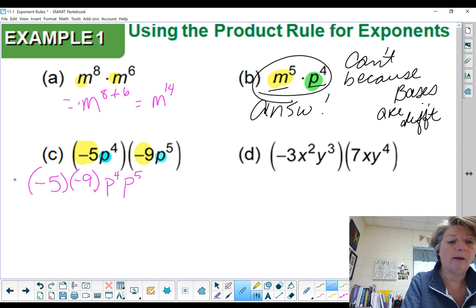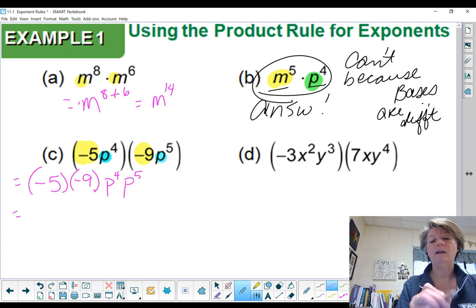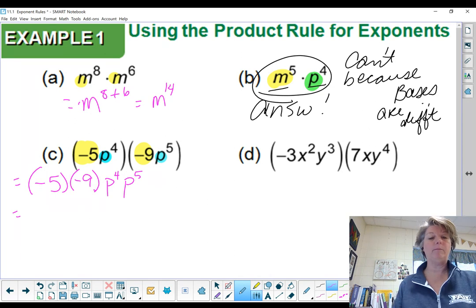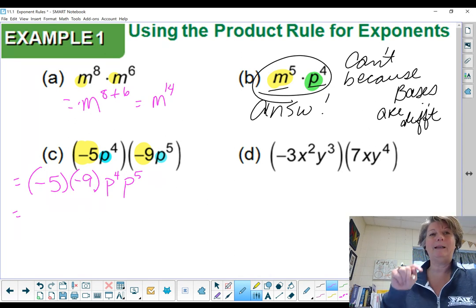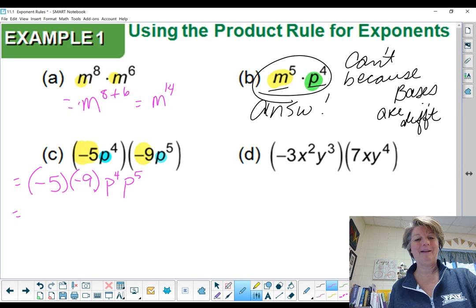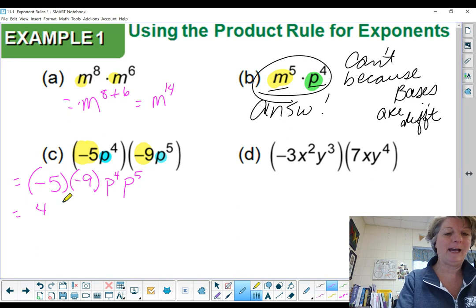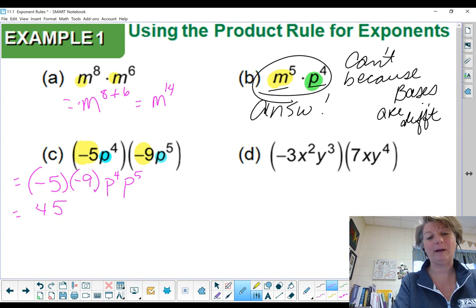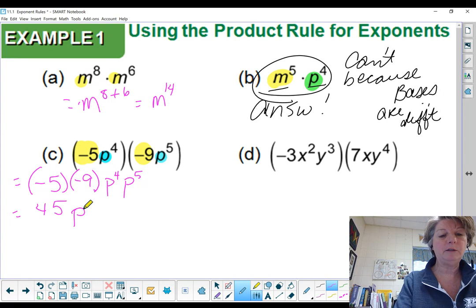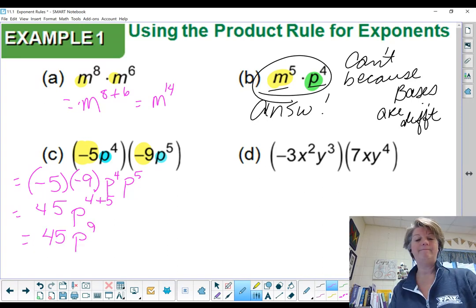And you're like, wait a minute, why can you rearrange those? Well, there's that little property called the commutative property, and that allows us to switch them around. All right, so -5 times -9 gives us +45. We're going to take those 2 p's and add their exponents together to give us 45p to the ninth. Problem's done.